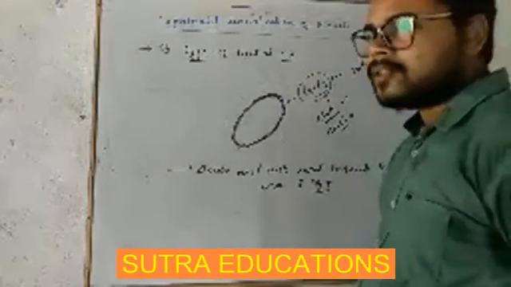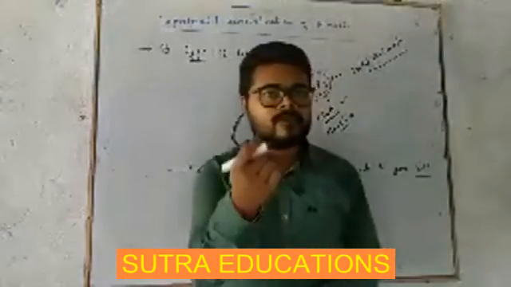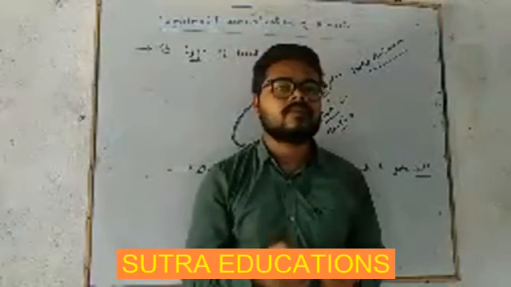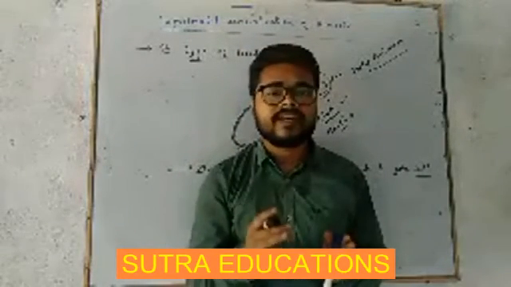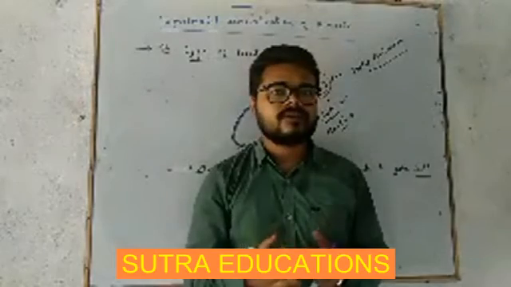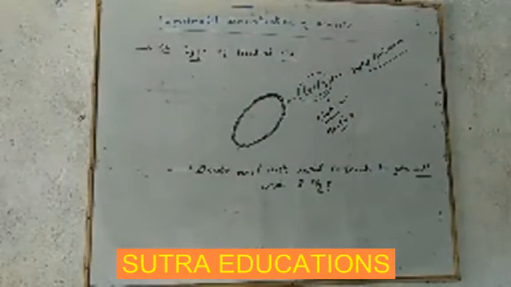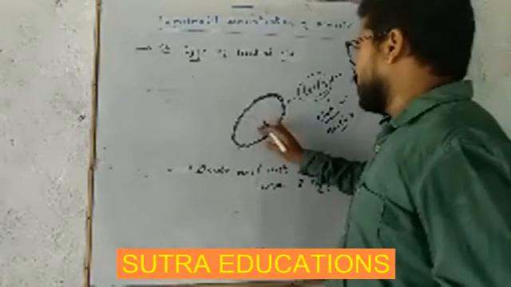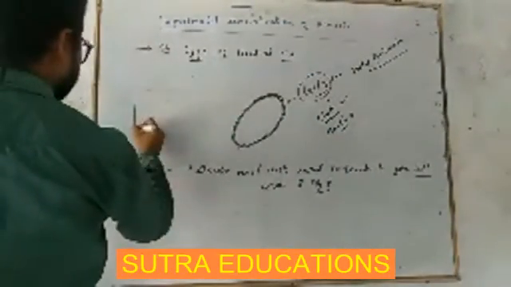Getting this now? So we want to remove the outer shell of the egg. How to remove? It is very difficult to remove now. So what to do? We know this property: acids react with metal carbonate to give salt, water and carbon dioxide. So simply place these two eggs in acid.